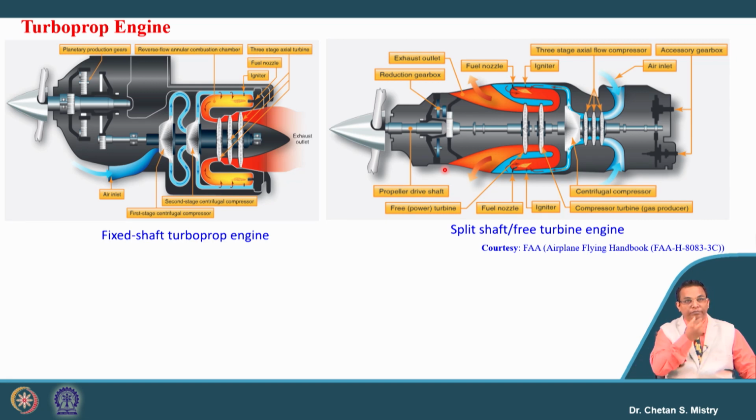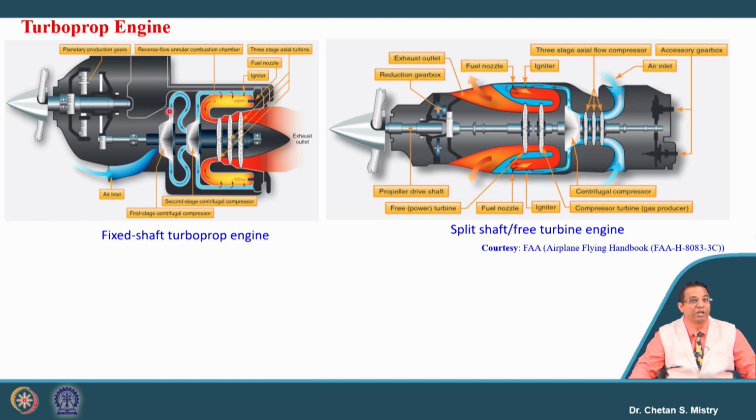So here, if you look carefully, this is representing the fixed shaft turboprop engine. Somewhere here we will have the intake. The air will be sucked from this intake and supplied to the centrifugal compressor, where it is subjected to a high pressure rise.